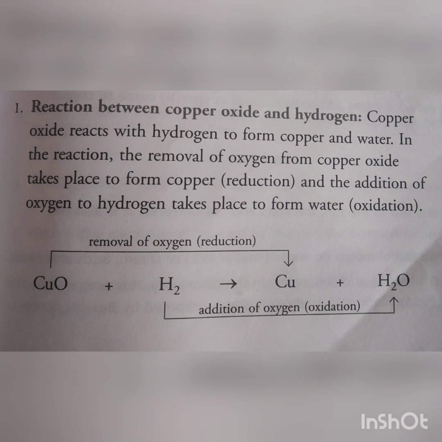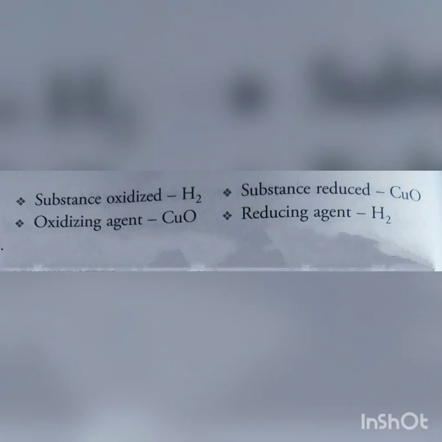So, in this reaction, the substance that has been oxidized is hydrogen. And what is the oxidizing agent? Copper oxide, because oxygen is coming from copper oxide. The substance reduced is copper oxide, and what is the reducing agent? Hydrogen, because the oxygen from copper oxide has been taken by hydrogen.